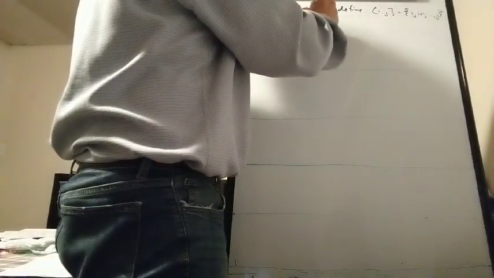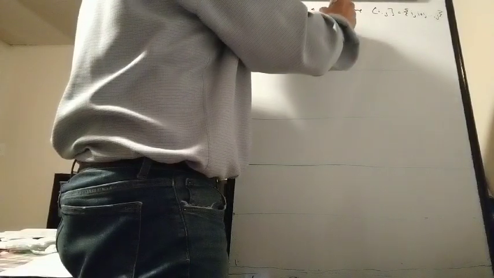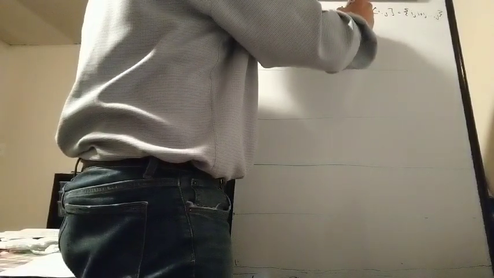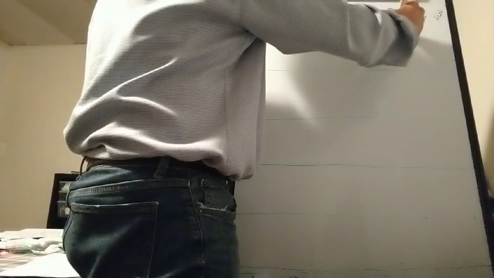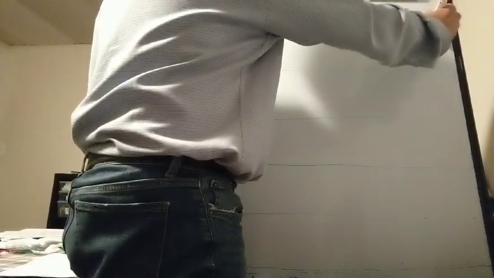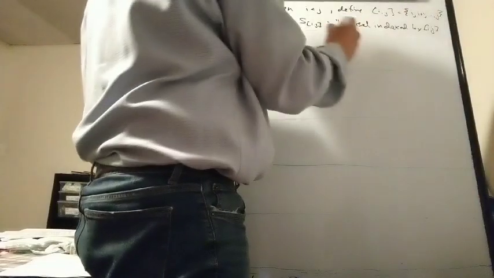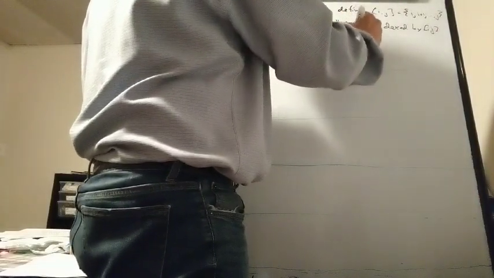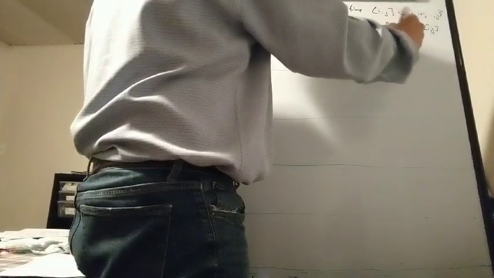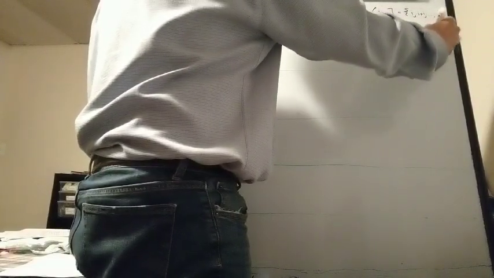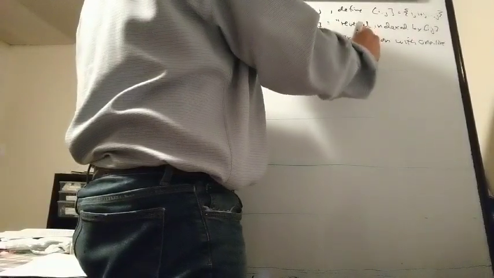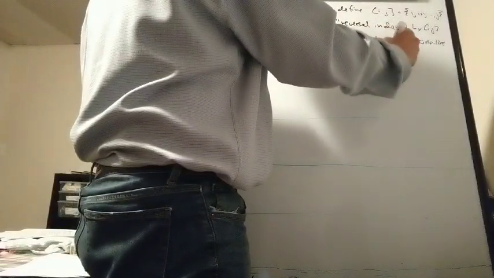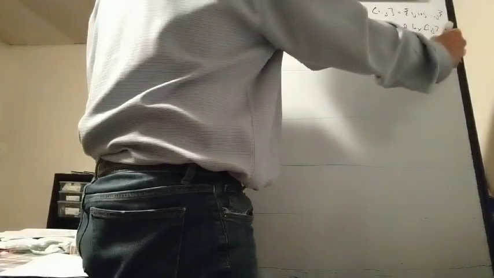And let's define S sub that interval, which we'll call the reversal indexed by the interval ij, to be the permutation with one-line notation one up to i minus 1, then j down to i, and then j plus 1 up to n.